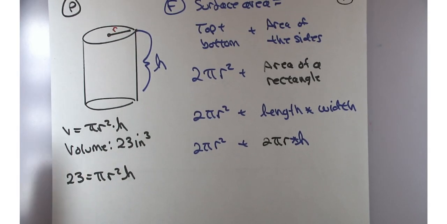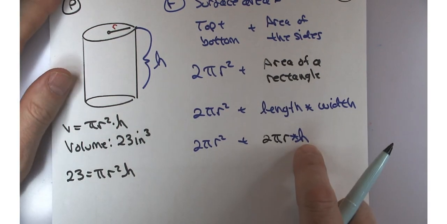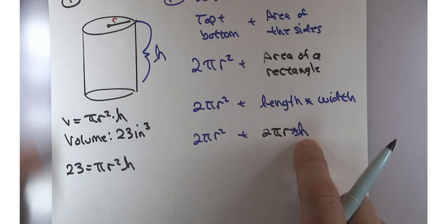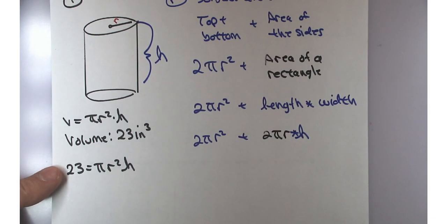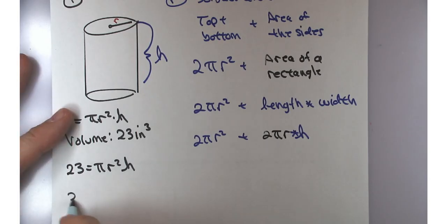Does that help me at all? Sort of. Well, remember, I wanted to get rid of the h here, right? Looking back here, does this help me at all? You can set that equation equal to h and plug it in. Perfect. Thank you. 23 divided by pi r squared equals h.